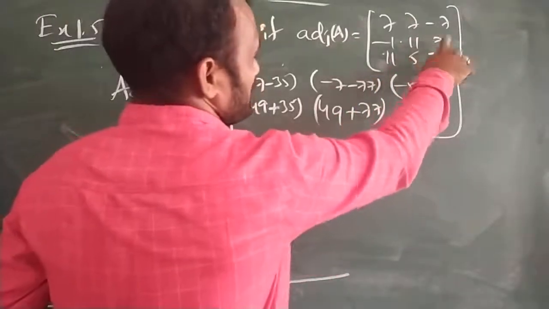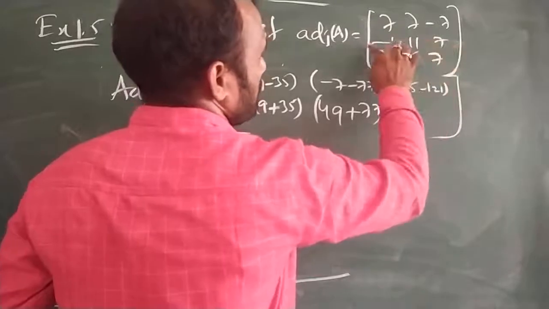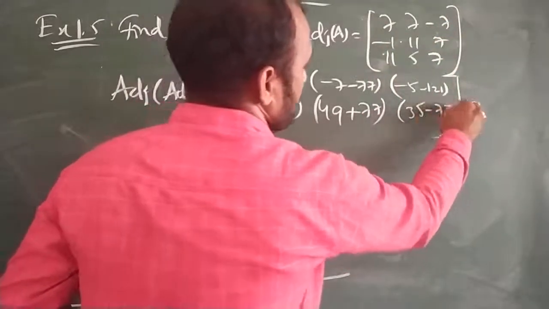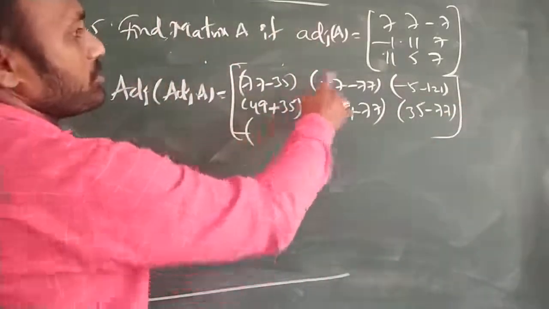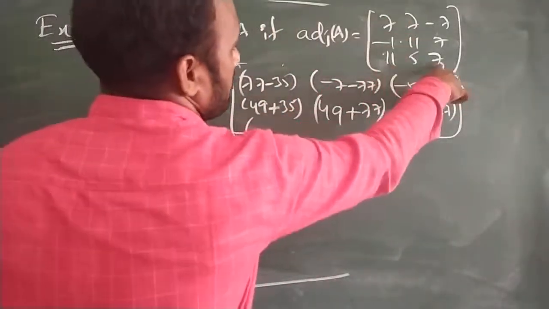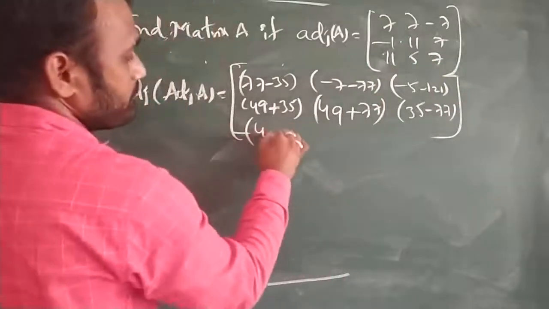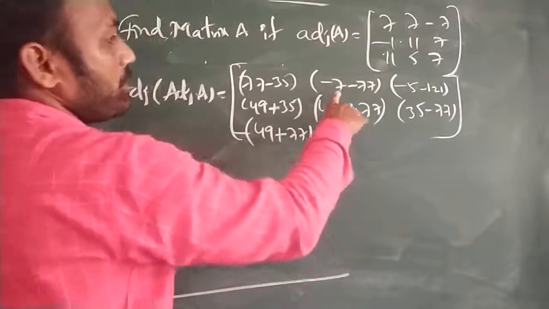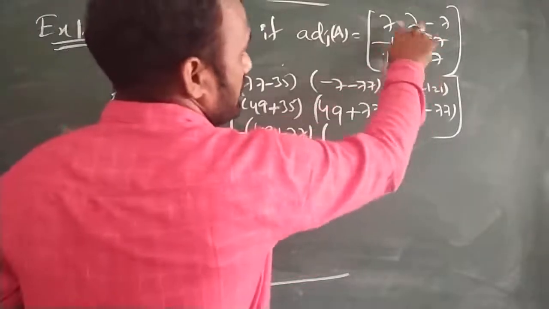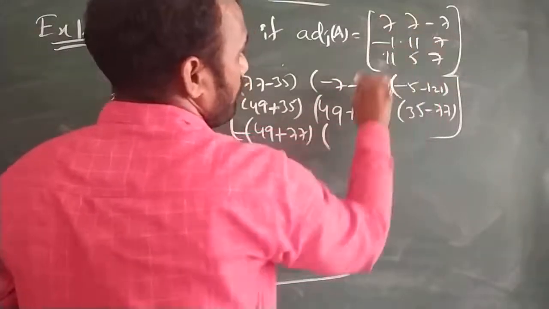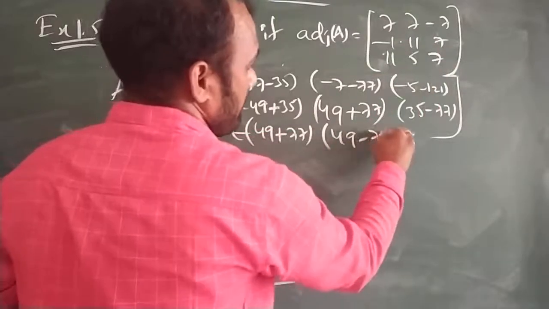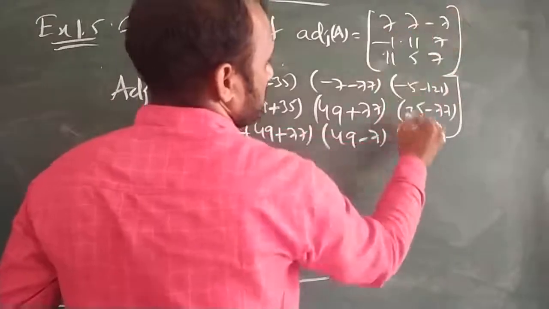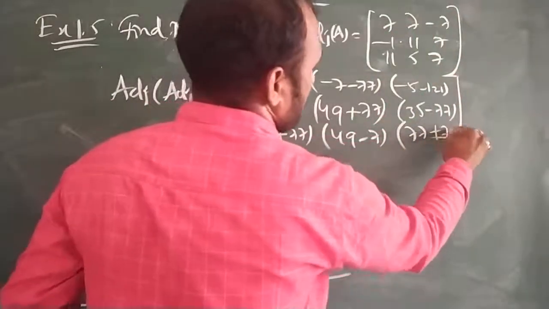So to get this 7 value, it will be 7 times 5 is 35 minus 77. To get this 11, it will be 49 plus 77, and to get this 5, it will be 49 minus 7 times 11, so 77 plus 7.